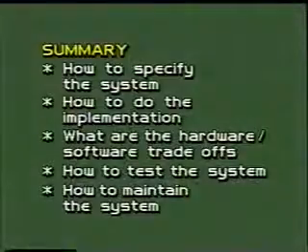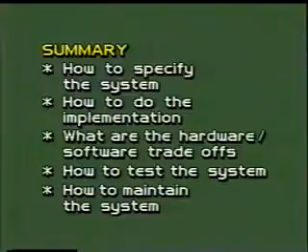In this session, we have taken up the problem of designing a microprocessor-based temperature controller. We first identified the requirements of the system. Then we partitioned the problem, identified the microprocessor that is to be used, and decided about what design aspect should be implemented by hardware and what design aspect should be implemented in software.